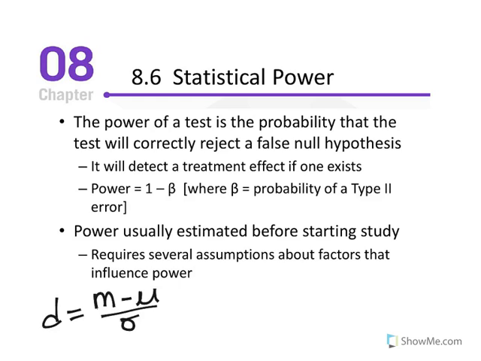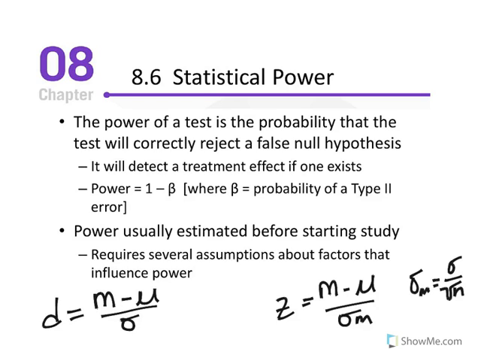As opposed to what we saw in our Z equation, where Z was equal to M minus mu divided by the standard error. And we know that standard error is a function of our sample size, which again lends itself to a bit of a limitation or a flaw, because we recognize larger sample sizes are going to increase our Z value and again increase the likelihood of rejecting the null.